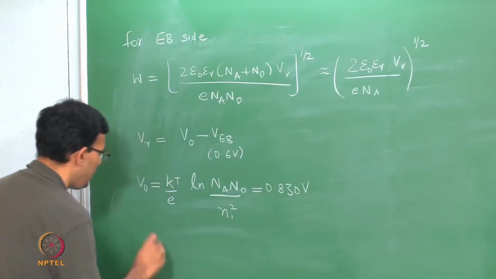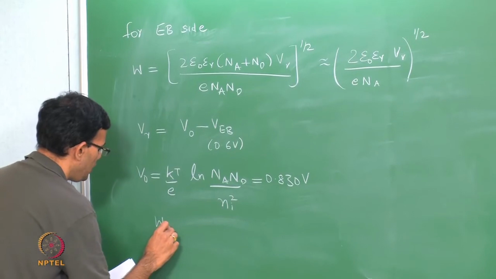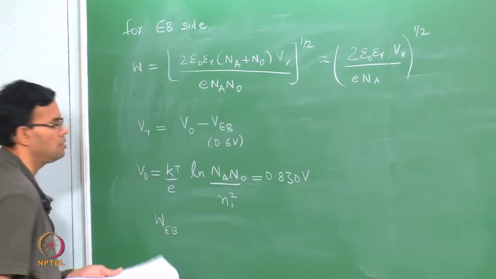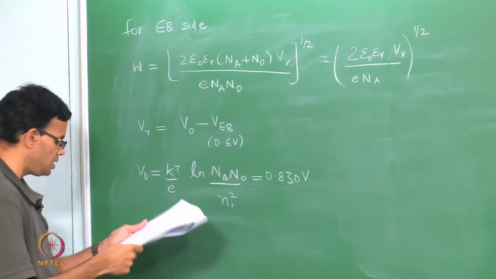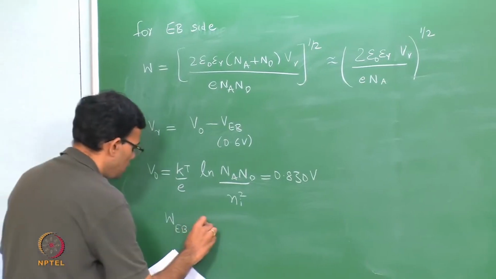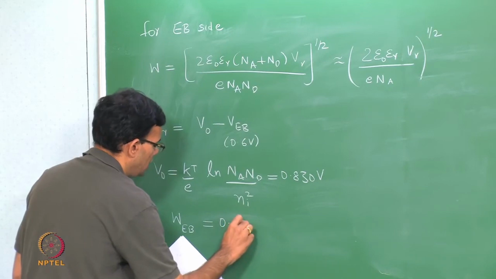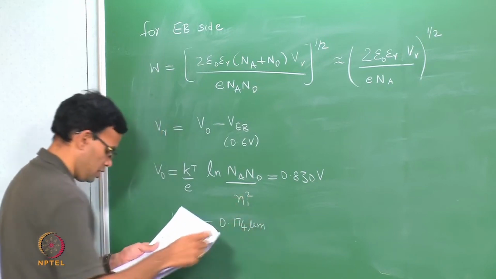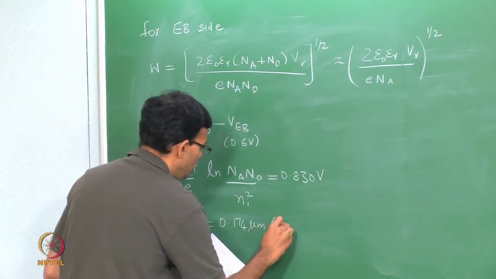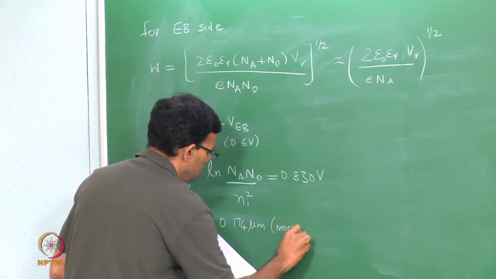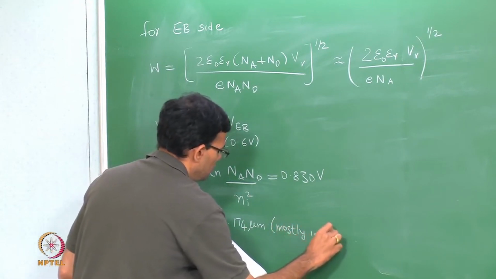So, we can calculate W between the emitter and the base region, and this mostly lies in the base, and this comes out to be 0.174 micrometers. So, this is mostly in the base region.